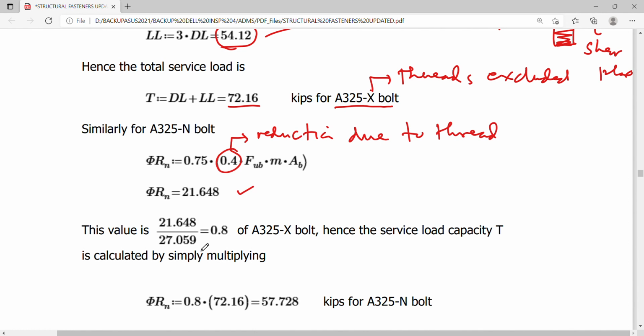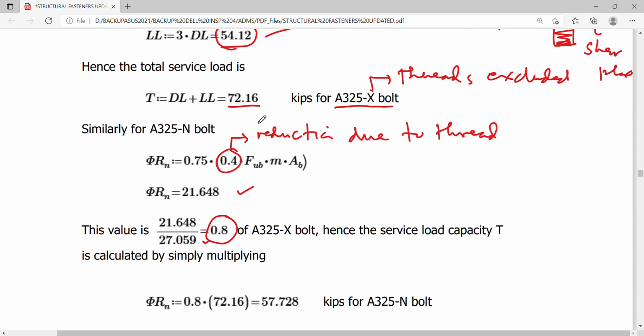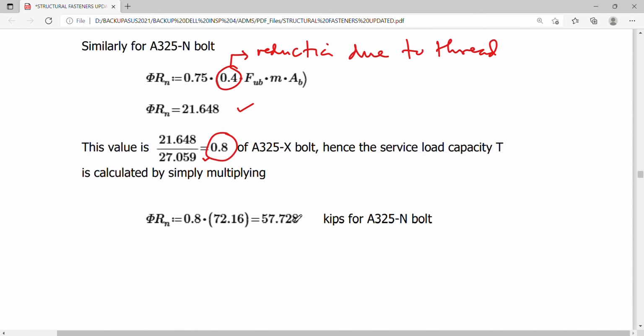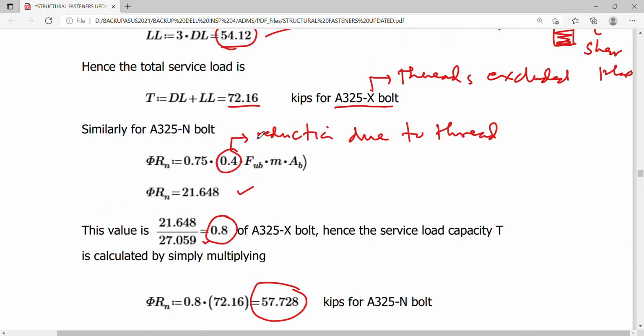You just divide it by the capacity a while ago, which is 27.06, and you get a percentage of 80%. Applying it to the dead load computed on the basis of the threads excluded, we now quickly get your value for your total working load, which is of course less than the value for which your A325-X bolt threads are excluded.